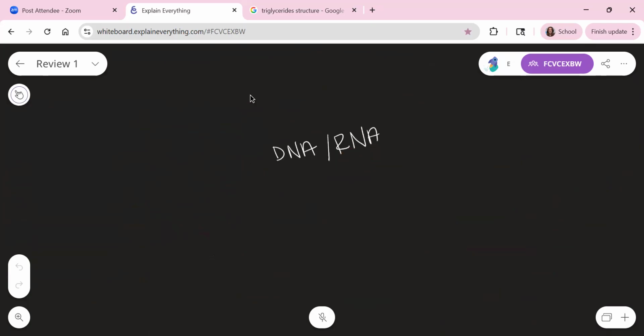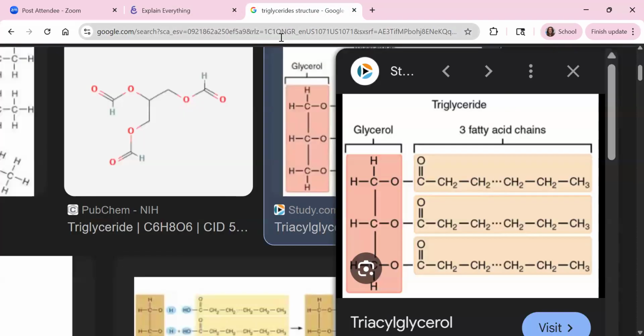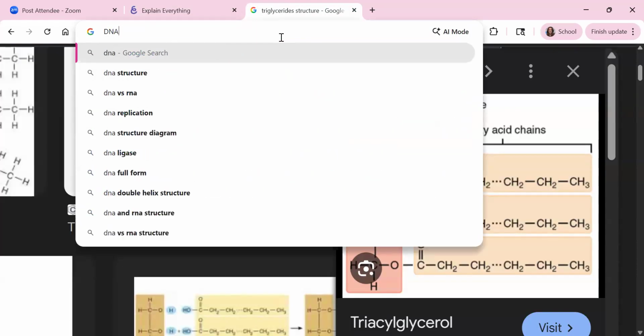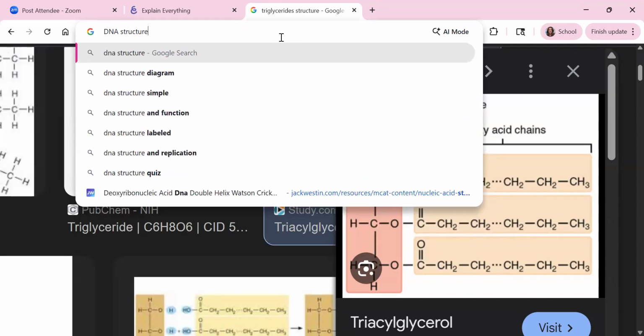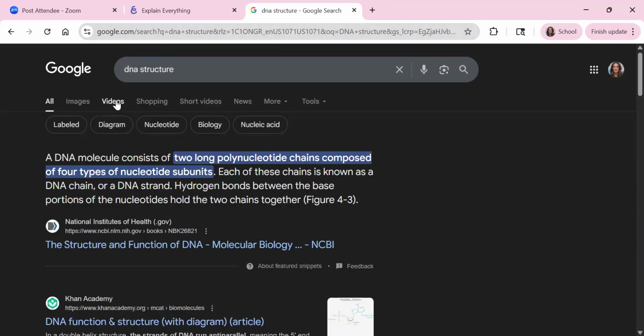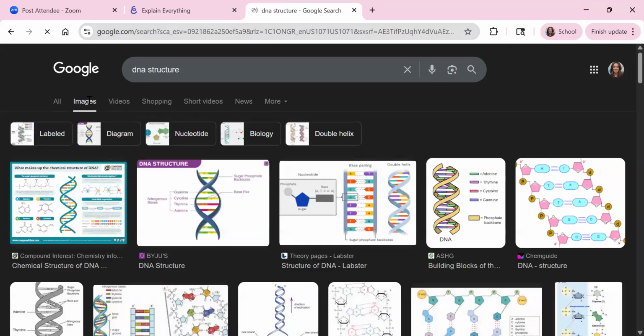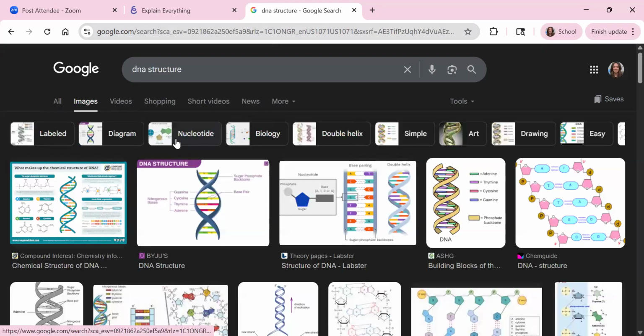So, do you guys know what these stand for? Deoxy, ribo. Here, I'm gonna pull up the DNA structure. Oh, deoxyribose nucleic acid. There you go.